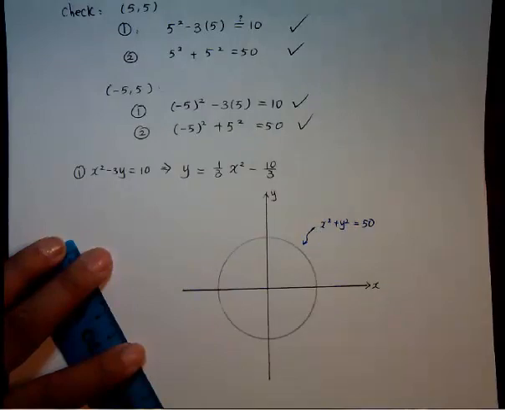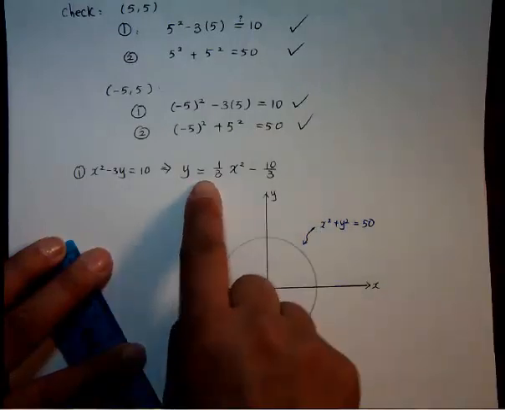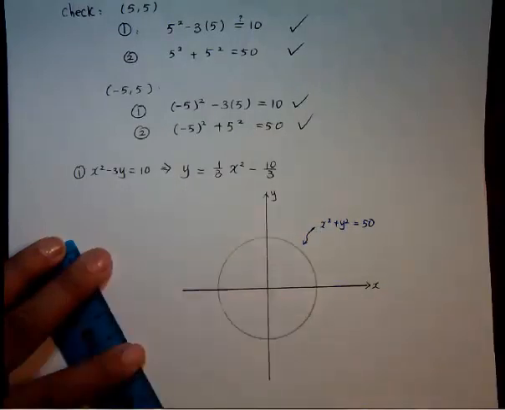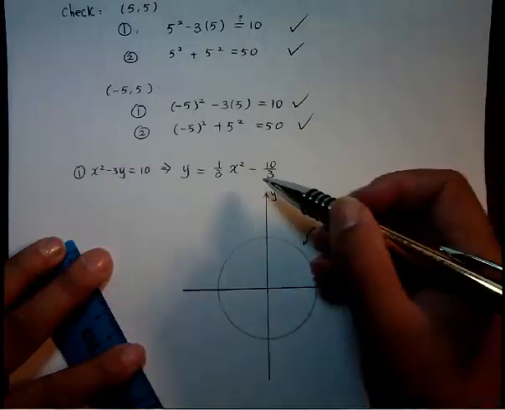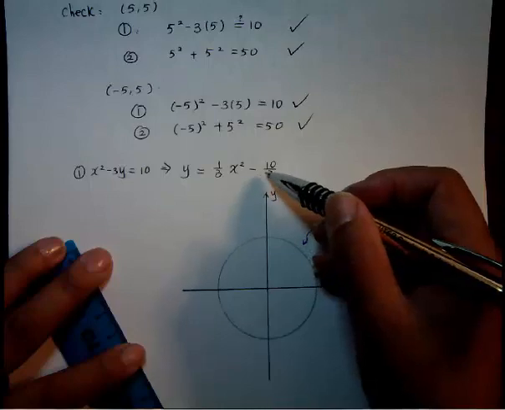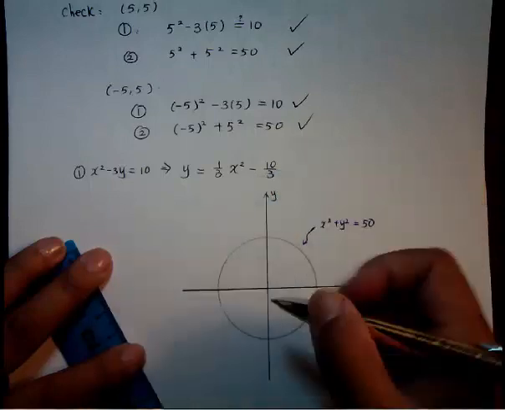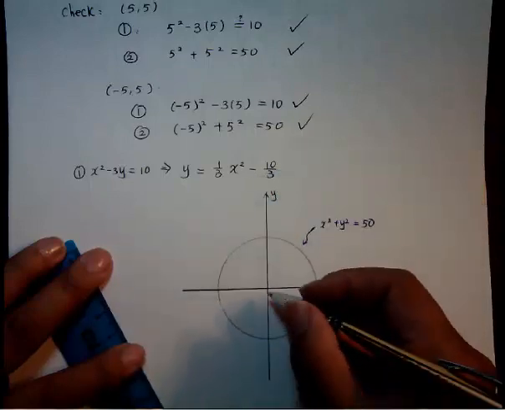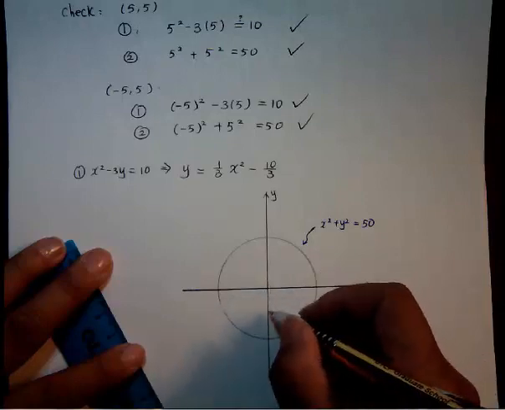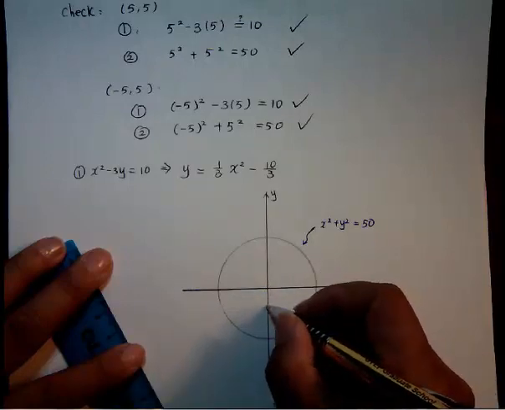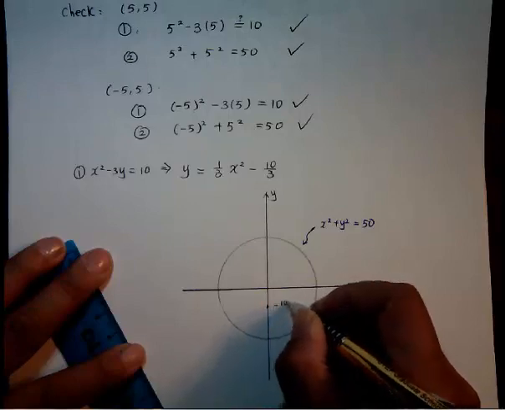And you have a quadratic function, which is a parabola. So you will have the vertex located at 0 and negative 10/3. So somewhere maybe right here. Let's approximate that.